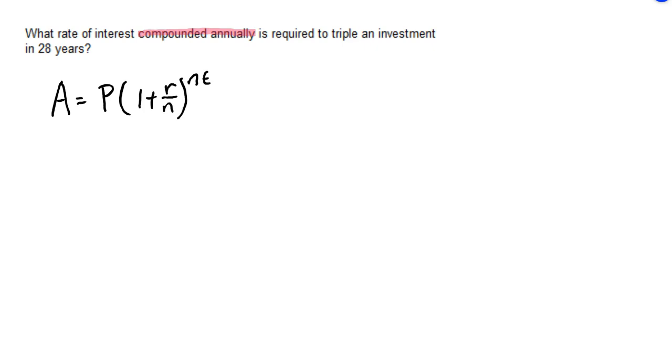Let's take a moment to make sure we understand all the pieces of this formula. P stands for the principal, which is our initial or starting amount of money.